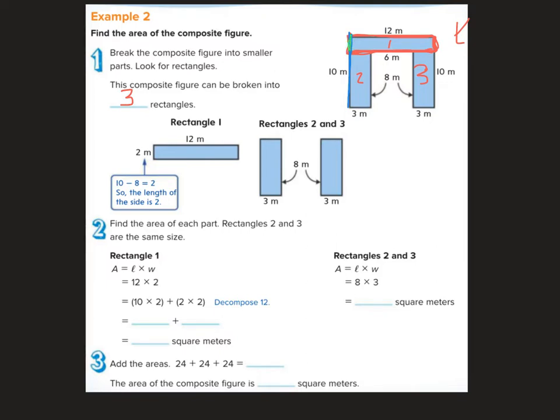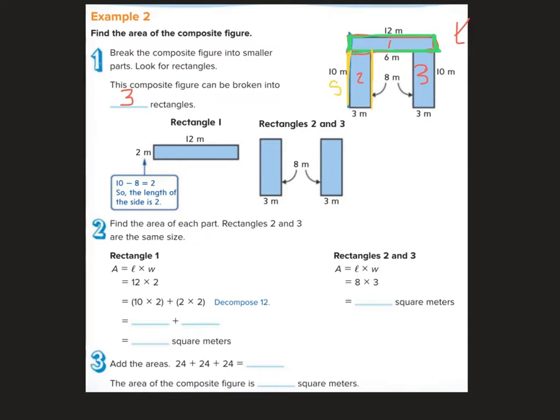I just want to know what this piece of it is, right? Because if I'm looking at this rectangle here, I only need a tiny little piece of that. So if the whole thing is 10, but then look at this. I know that this piece is 8. So if this piece is 8, that means that this piece is 8.